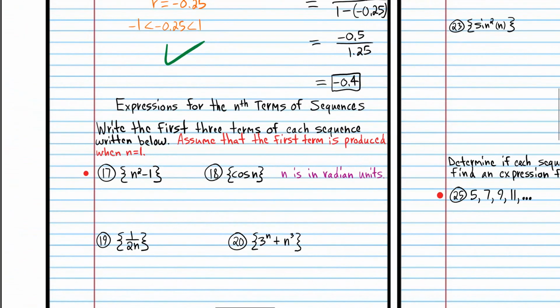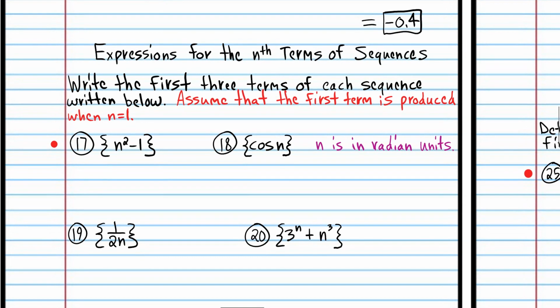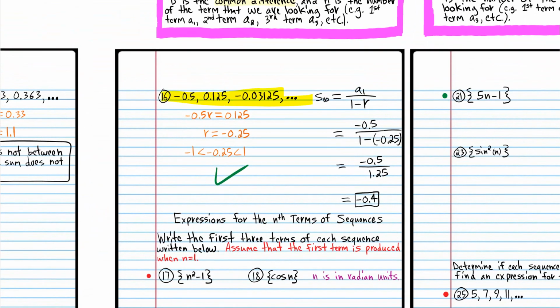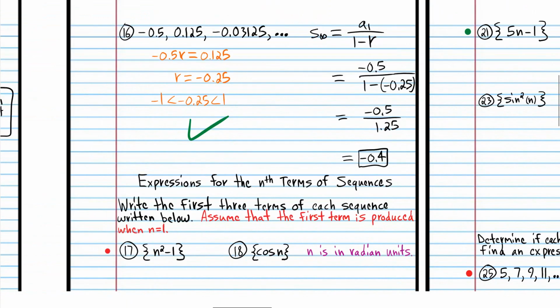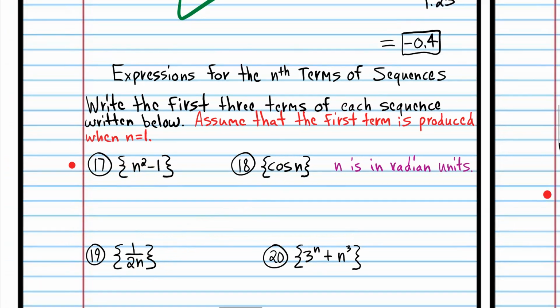So now we're going to learn to work with expressions for the nth terms of sequences. You can represent a sequence with a list, as you see here, but you can also represent it with an algebraic expression like you see here, and it's actually easier to represent sequences with algebraic expressions.